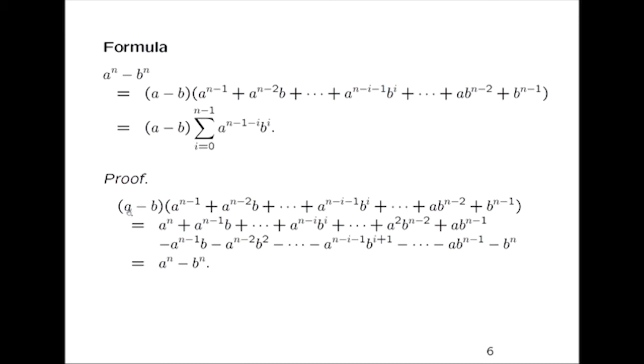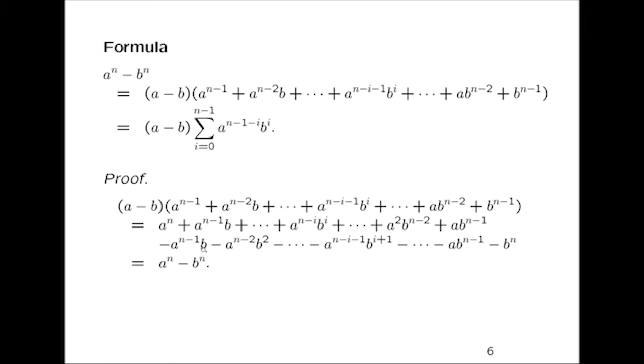And for the general form, you just multiply out, but this is very long. So first multiply a to the following factor, then you get a to the nth power, then a to the n minus 1 times b, and then a times b to the n minus 1. Then you have to multiply minus b to the second factor. So if you multiply minus b, you get minus a to the n minus 1 times b, and so on.